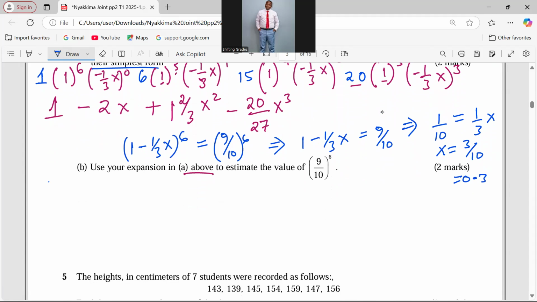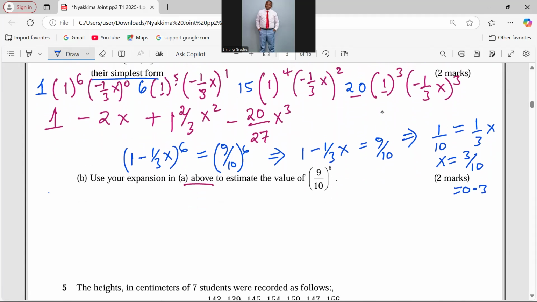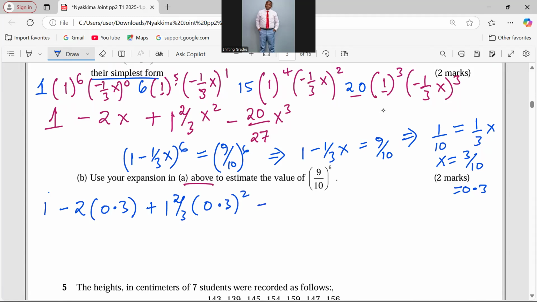Now that x is equal to 0.3, we need to apply it in our expansion such that we have 1 minus 2 into 0.3, then plus 1 and 2 thirds into 0.3, this time round squared, minus 20 over 27 with 0.3, this time round to the power 3.